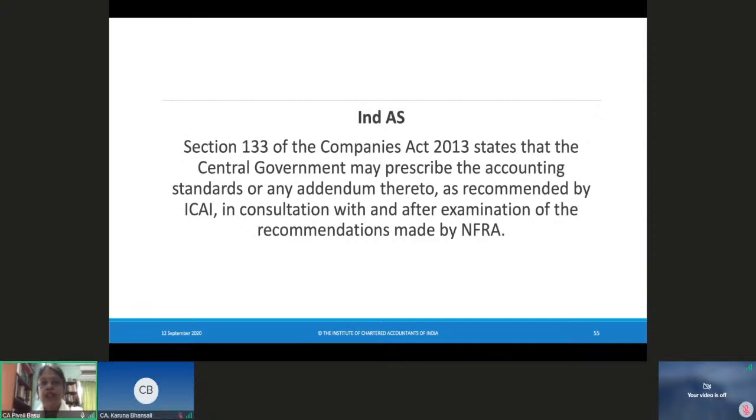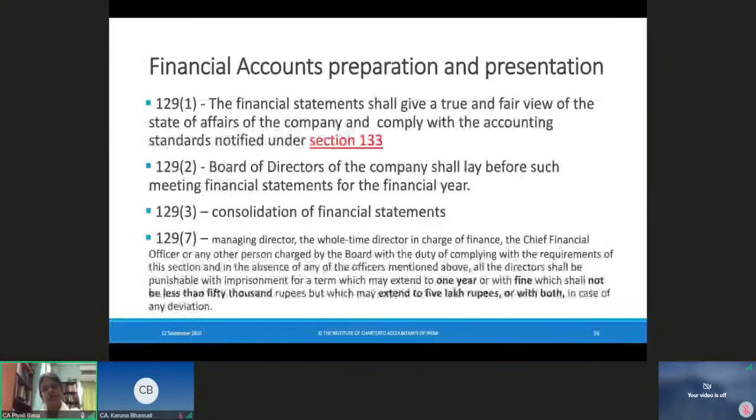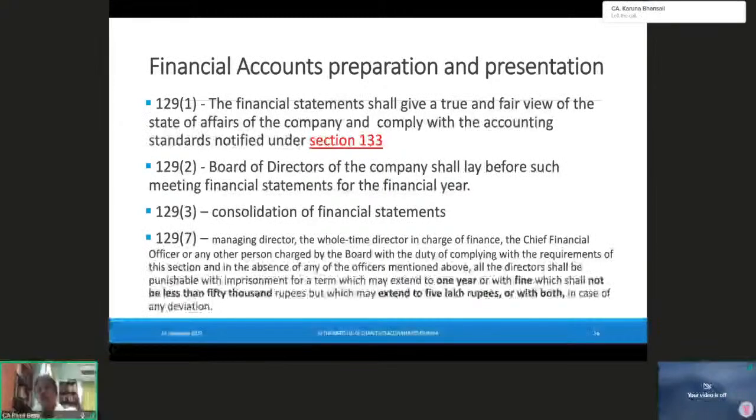So now the financial accounts preparation and presentation. Let's come into this. How the balance sheet, profit and loss account, and the notes are going to be prepared. That's the financial accounts preparation and presentation. Not only preparation, but how they should be presented to the stakeholders.